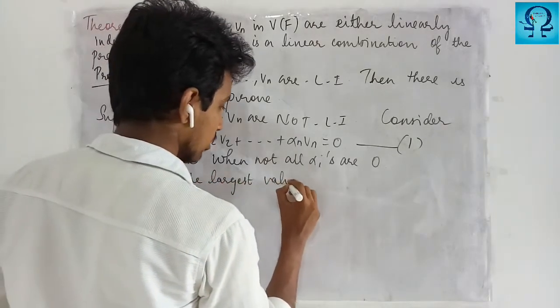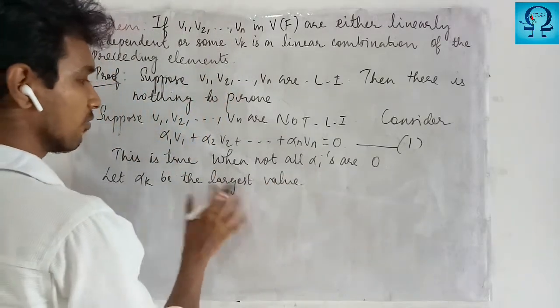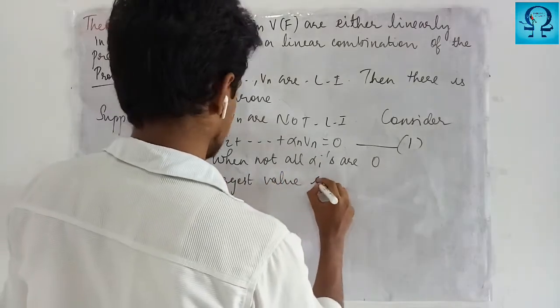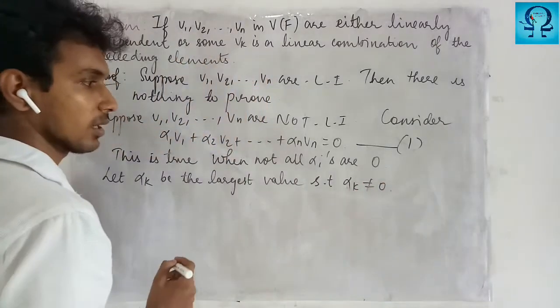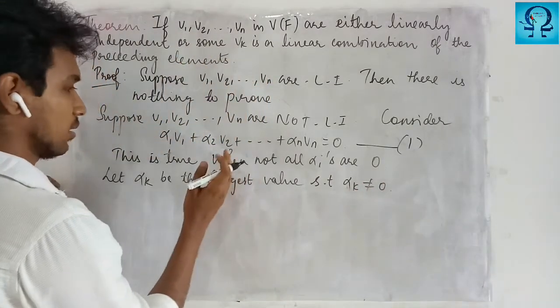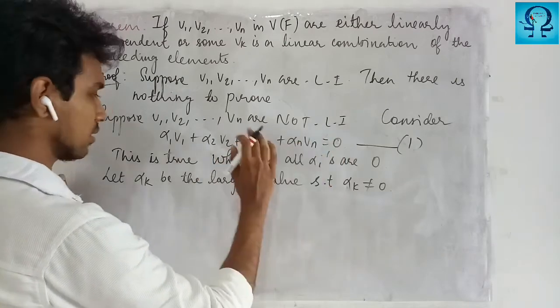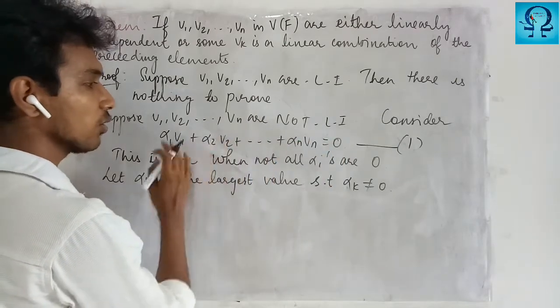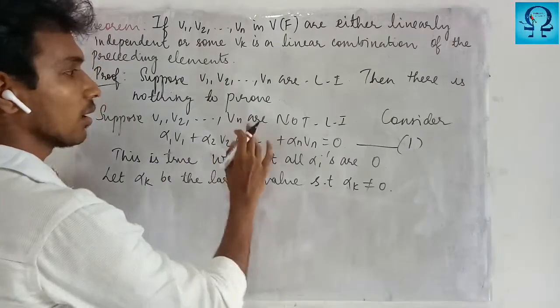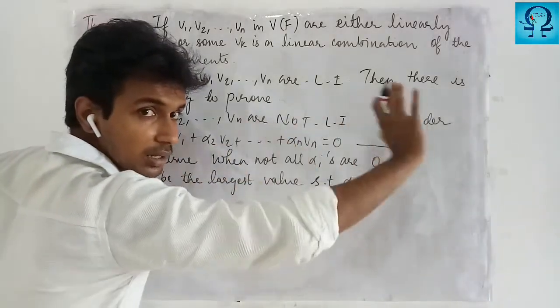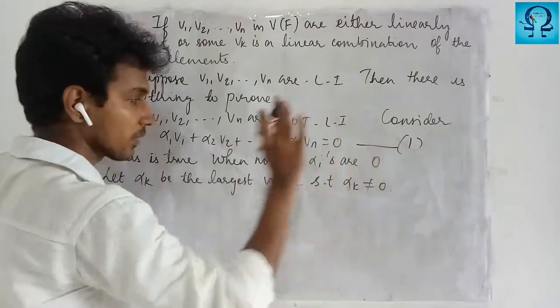the largest index such that this alpha k is not equal to 0, right? Which means what? Before that, the values may be non-zero, and after that there are many elements which are going to be 0, right?